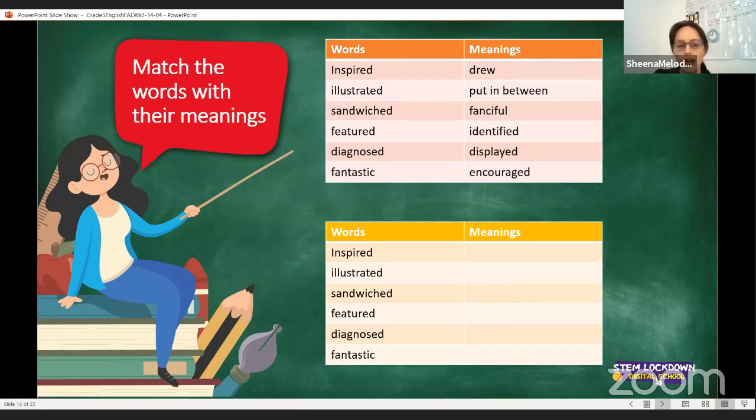So now if you had to draw your own table, for example, or write down the words, you wrote the word inspired, which meaning you think in the meanings block would go beside inspired? Would it be grew, in between, fanciful, identified, displayed, or encouraged?